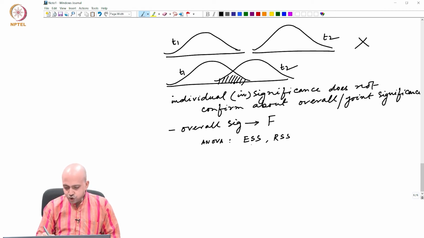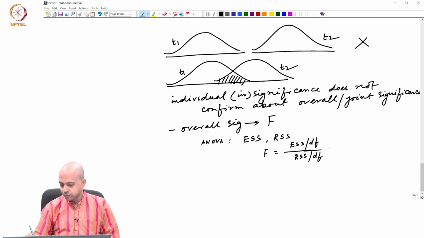If we take a ratio of this ESS and RSS adjusted by their degrees of freedom, then F equals ESS by its degrees of freedom divided by RSS by its degrees of freedom, and that will follow an F distribution with the degrees of freedom for the numerator and denominator as specified.